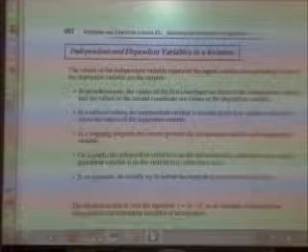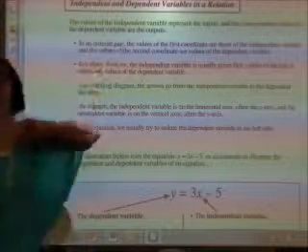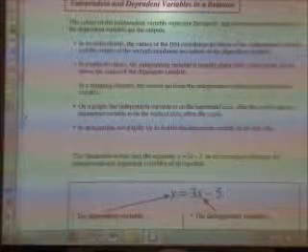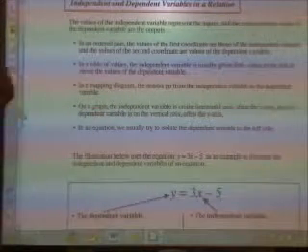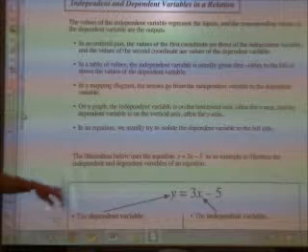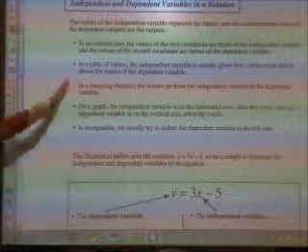Independent and dependent variables in a relation. When we're talking about independent variables, my inputs, in an ordered pair, the input is the first coordinate. In a table of values, the input is usually given first. In a mapping diagram, my input was the first bubble, and I mapped to the output.